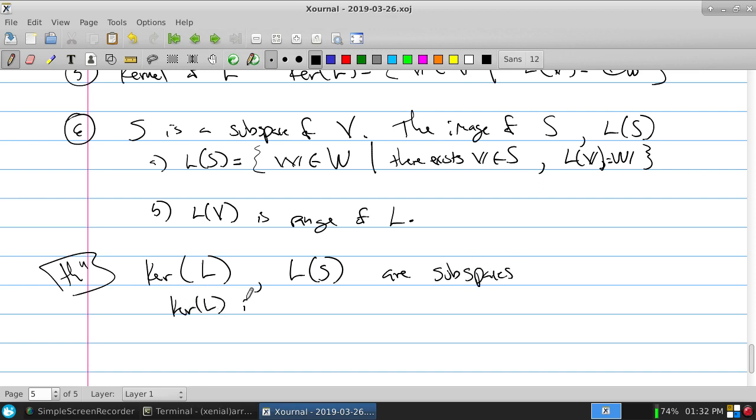The kernel is a subspace of V, and L of S, where it goes, is going to be a subspace of W. So the range of an entire vector space is a subspace of the one on the right-hand side. Everybody that gets mapped to the zero object is also a subspace. It shouldn't be that big of a surprise because the null space was shown to be a subspace. And the column space you can show to be a subspace, which is what this is acting as in a similar concept.